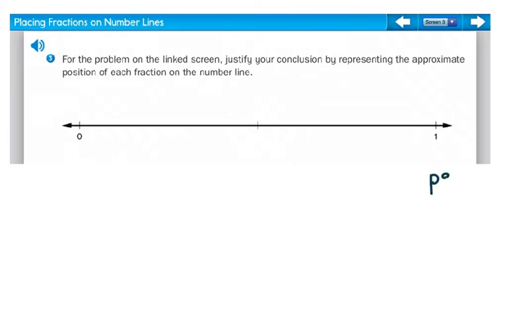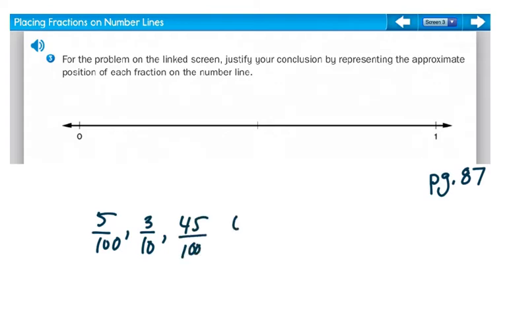We're back to page 87. I'm just going to write the fractions here so we don't forget. We put them in this order: 5 hundredths, 3/10, 45 hundredths, 6/10, and 90 hundredths. Oops, 90 hundredths. So right here would be half. And we said that 50 hundredths would equal half. So that will help us place the rest.